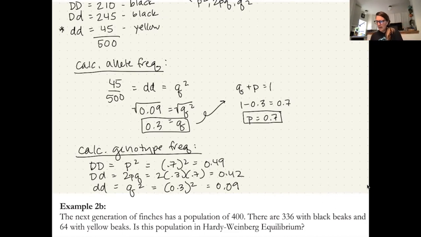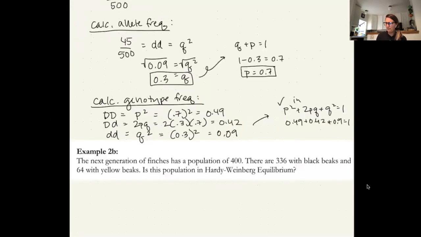Okay, and we can always go back and check. So 0.49 plus 0.42 plus 0.09 is in fact 1. So you can check that P squared plus 2PQ plus Q squared equals 1. And that in fact checks out. So 0.49 plus 0.42 plus 0.09 does in fact equal 1.